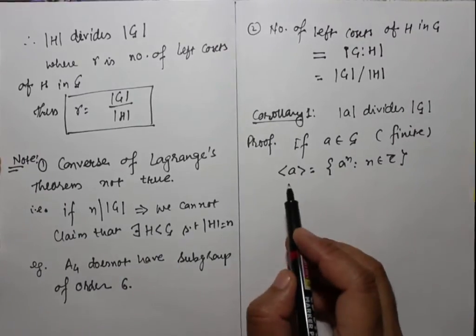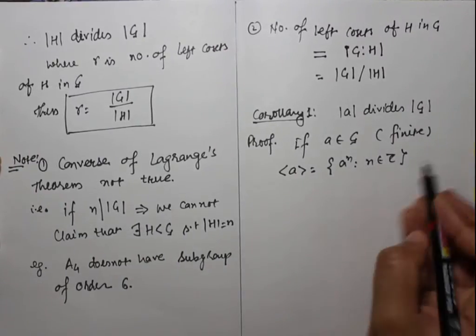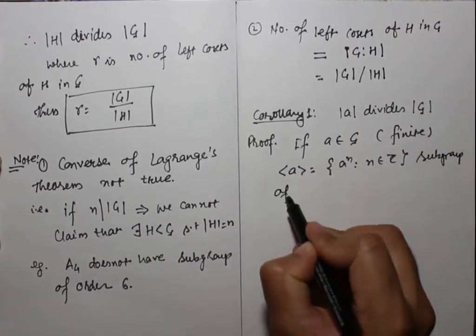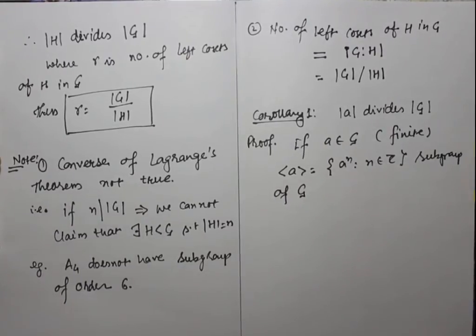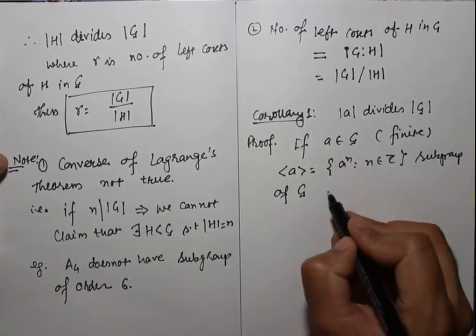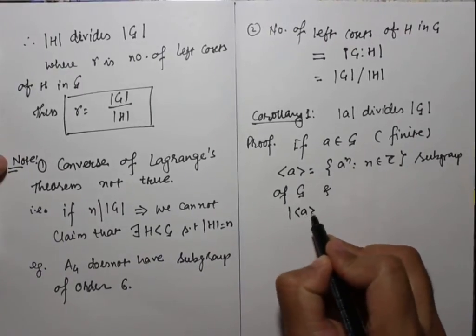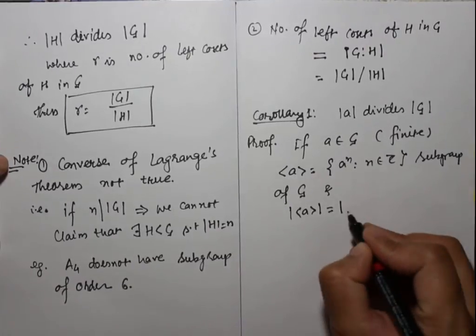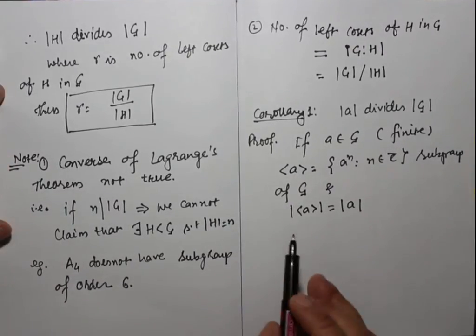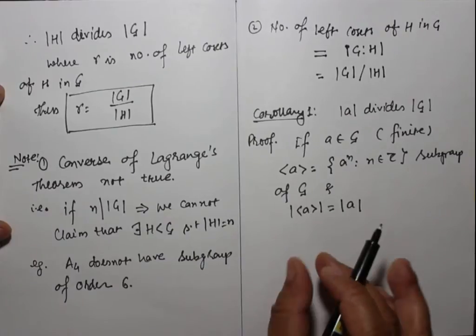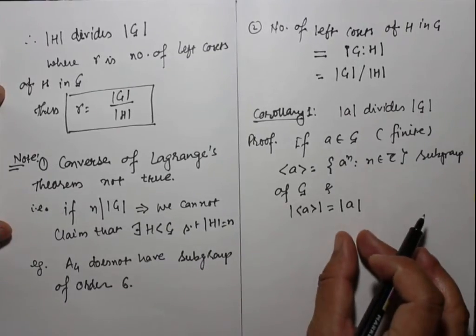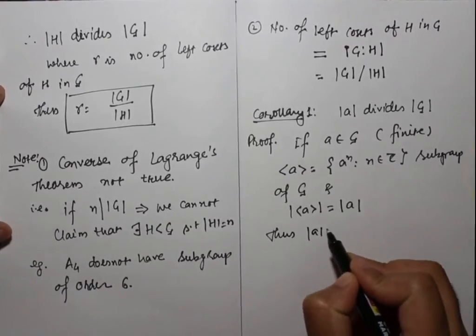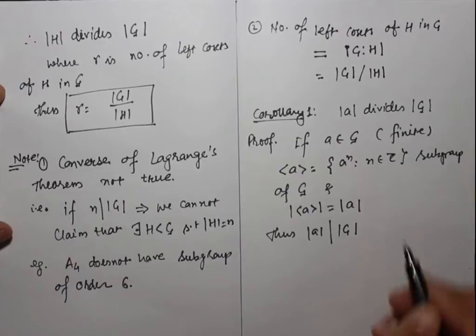We also know this is a subgroup of G, and the order of this subgroup is nothing but the order of element a, but Lagrange theorem says the order of a subgroup divides the order of the group. Thus the order of a should divide the order of the group.